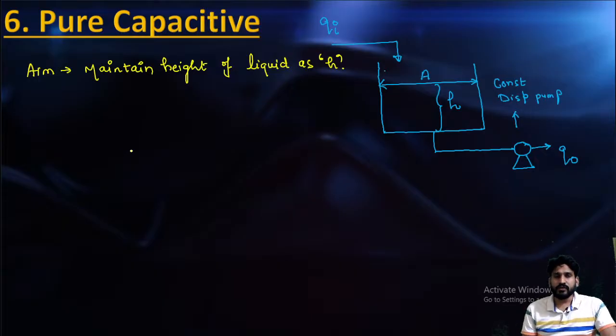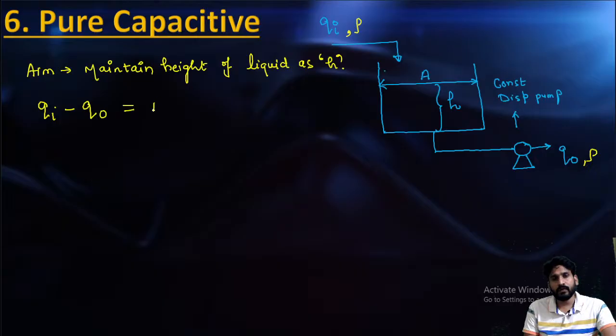Again, as you know, if we are dealing with the level, then we have to do the mass balance. For that purpose, I think there is no need to write again and again all the terms. Density is constant, so density vanishes from your equation, and can I write directly that my input flow rate minus my output flow rate is equal to A into dH divided by dt.